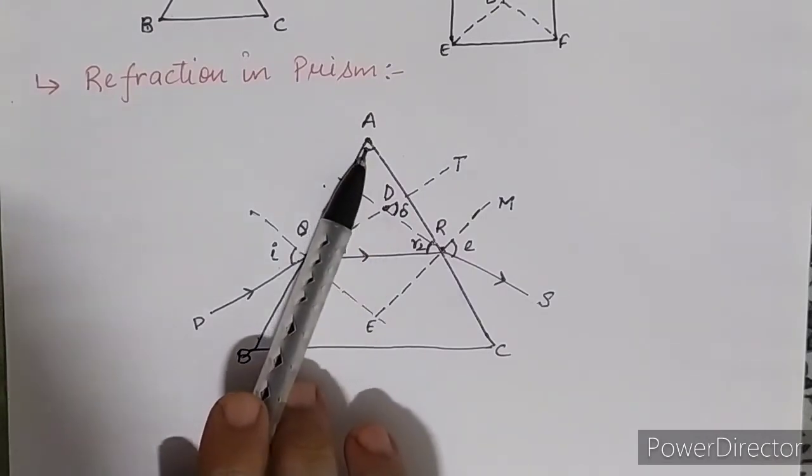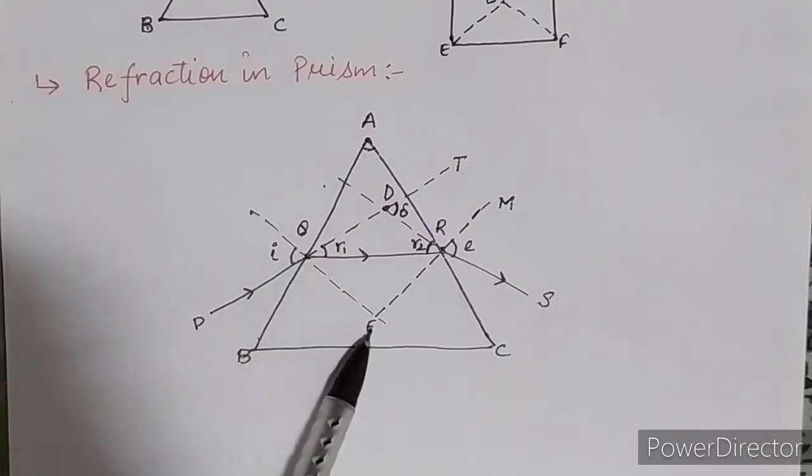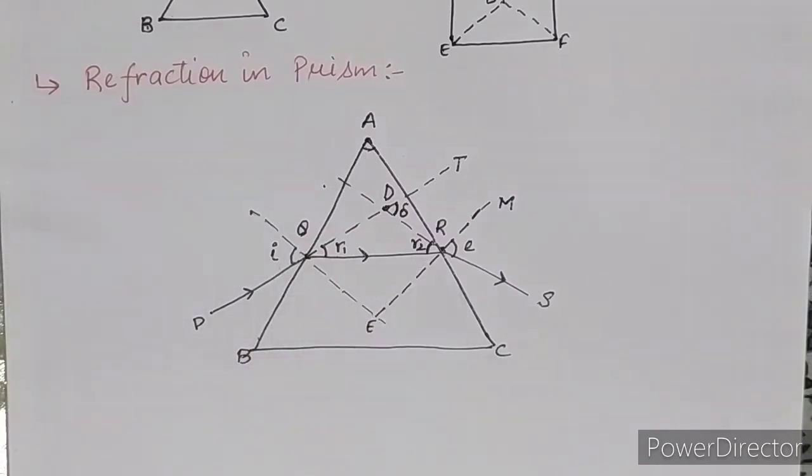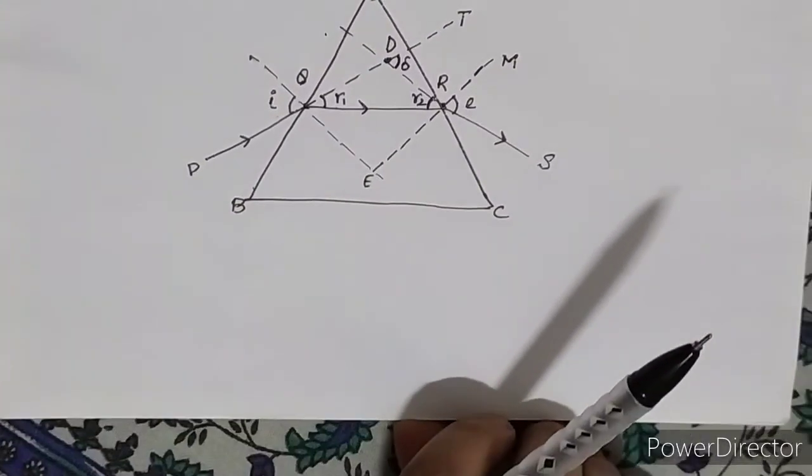Okay, so angle A plus angle QER is equal to 180 degrees. Clear? I am just using this in the derivation, and after doing that we will correlate it with the diagram. Okay, clear? So what is that, beta? The theory you have to write on your own.